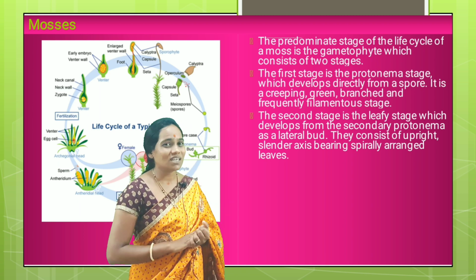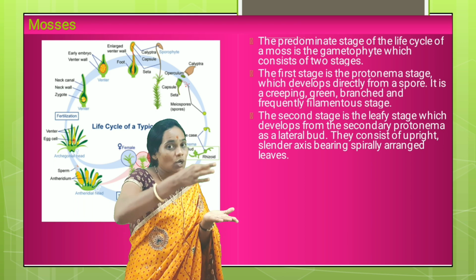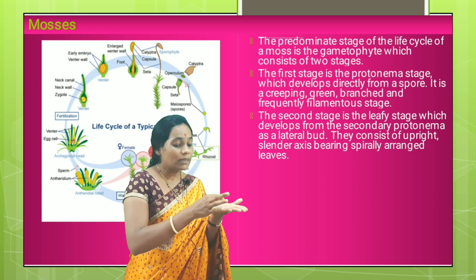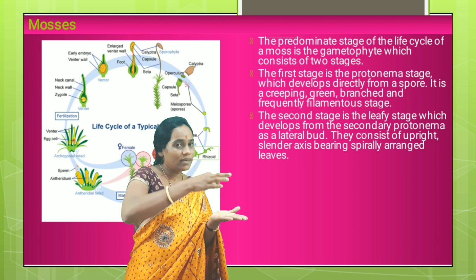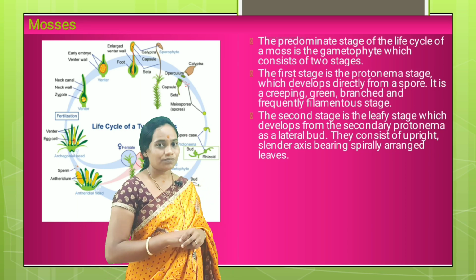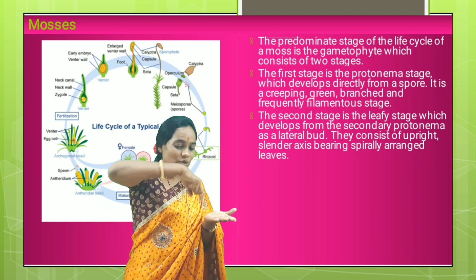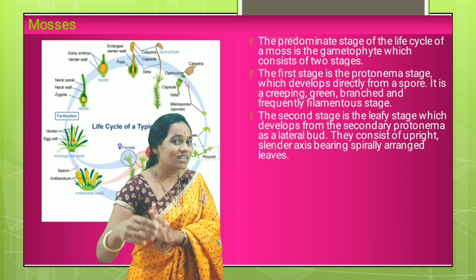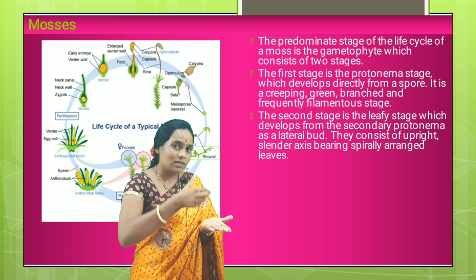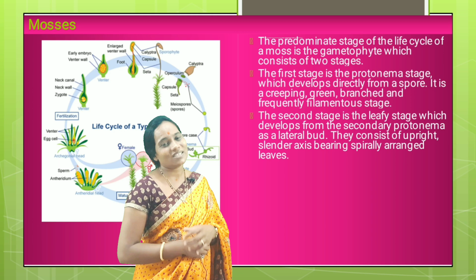How does this leafy stage appear? It has a long slender axis, a stem-like structure, on which you can find spirally arranged leaf-like structures.